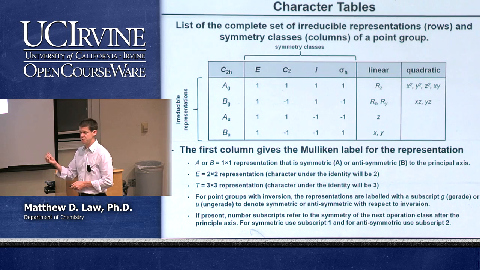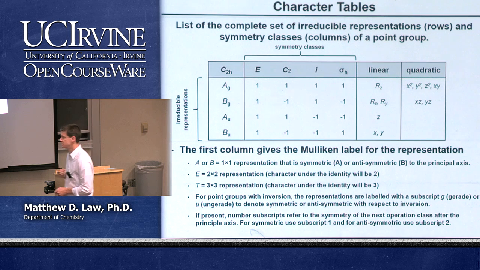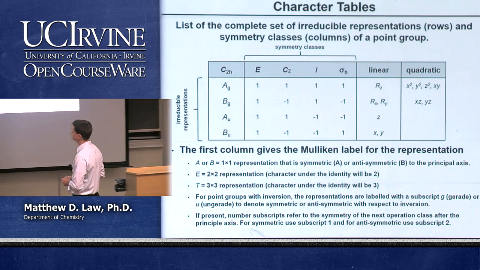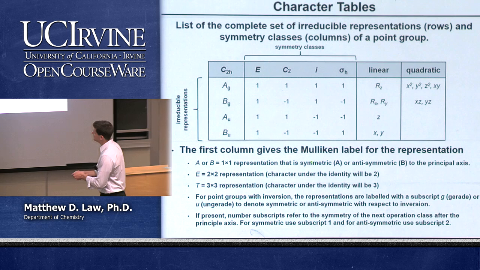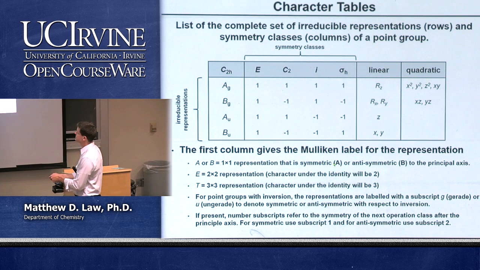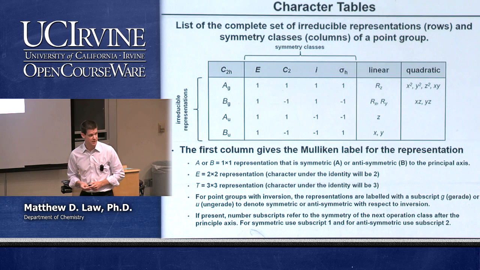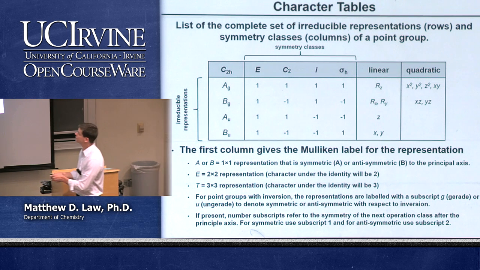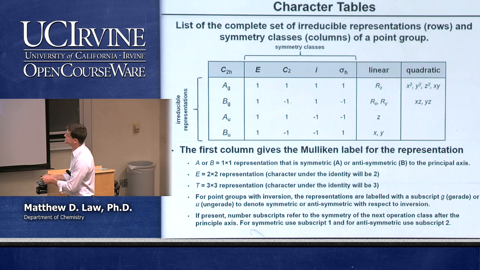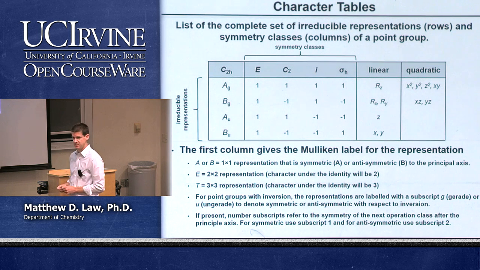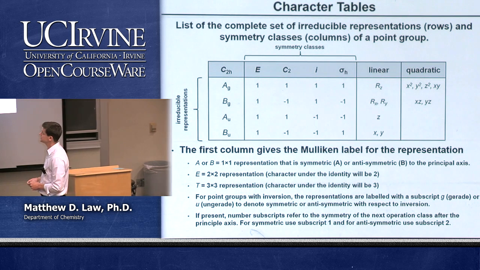Remember we had for C2H only 1-by-1 matrices along the block diagonal. If it's A, that means it's symmetric with respect to the principal axis. If it's B, that means it's anti-symmetric with respect to the principal axis. So it tells you right away what the character is for the principal axis. You can see the A has a 1 and the B has a -1. It's either symmetric or anti-symmetric.